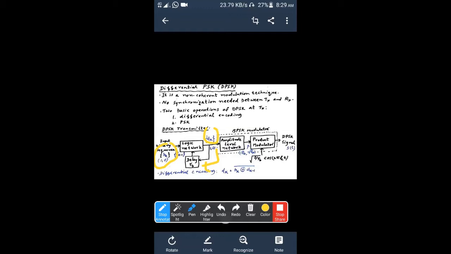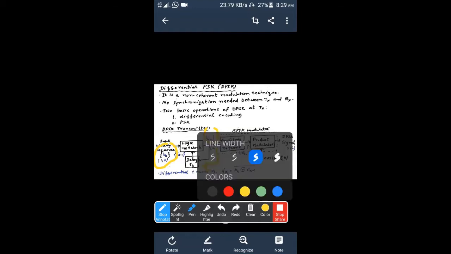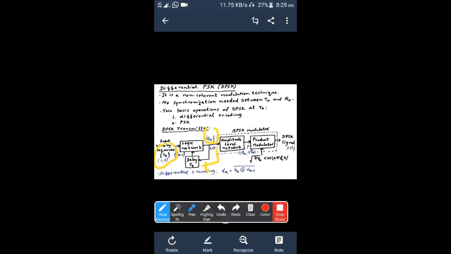Okay, look at this, guys. Can you see here the DK minus 1? This is DK. Fine. This part is DK.